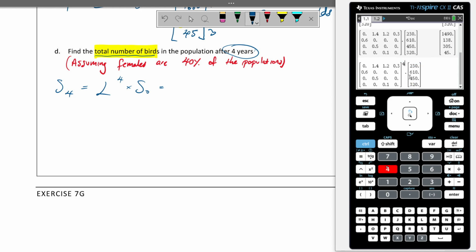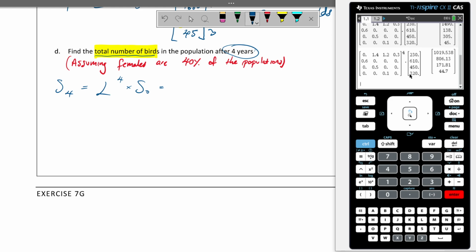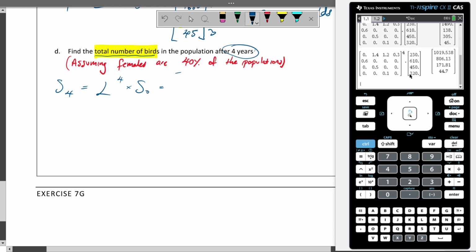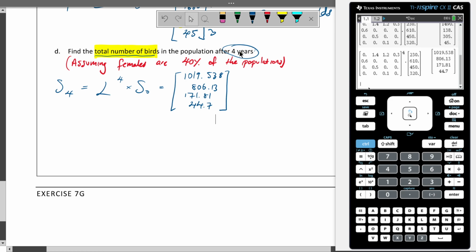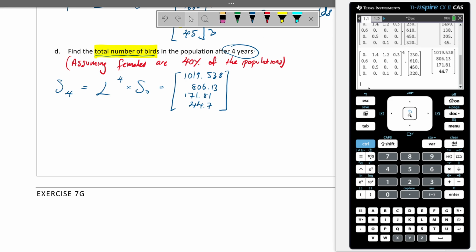All right, I'm going to get 1019.538, 806.13, 171.81, 44.7.